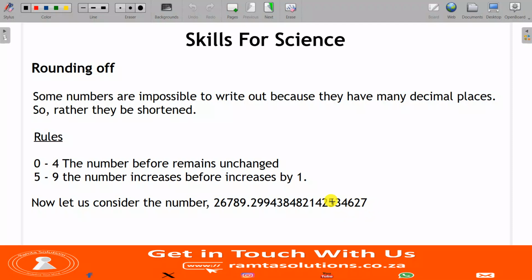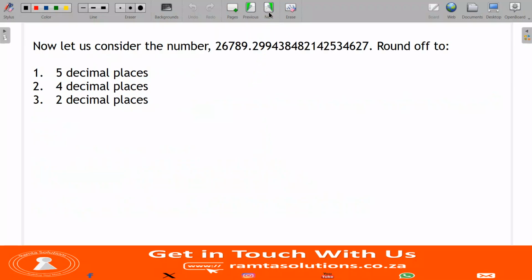I don't like writing out numbers like these, but sometimes we have no choice. We have to write them like this, right? So now let us look at this number and consider this. Let's say we want to round it off to 5 decimal places.